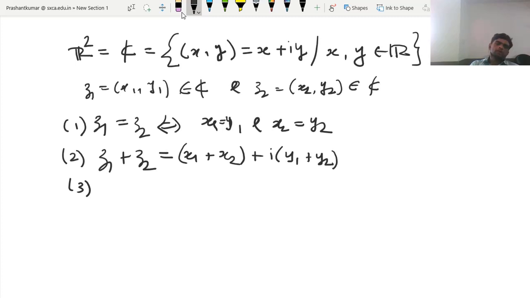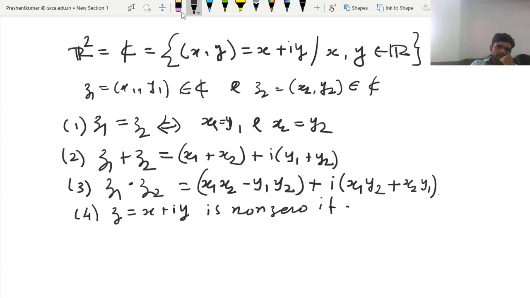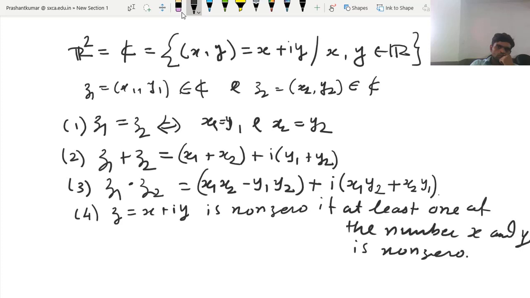Rule number 3: z1 times z2 equals (x1 x2 minus y1 y2) plus i(x1 y2 plus x2 y1). The fourth rule is that z equal to x plus iy is non-zero if at least one of x and y is non-zero. So this defines a complex number.